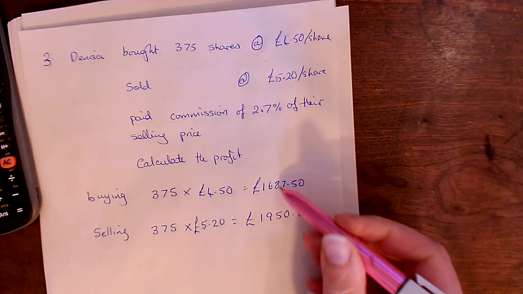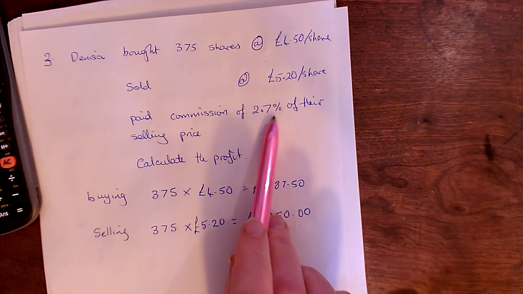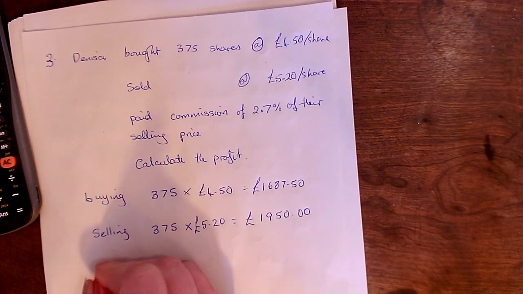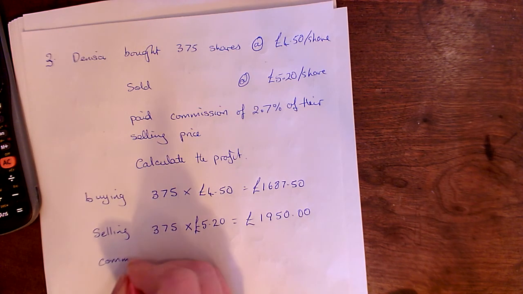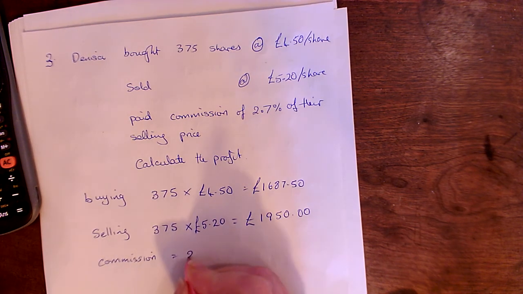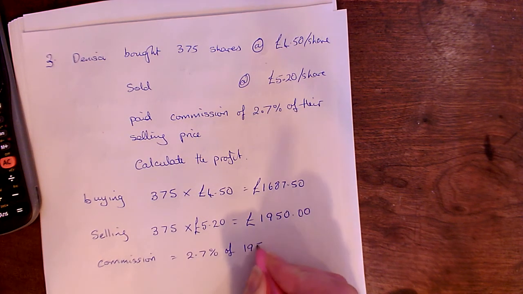So that's definitely more money than she bought them for. That's quite a nice profit. But she has to pay commission of 2.7% of their selling price. So we better work out what that is. 2.7% of 1950.